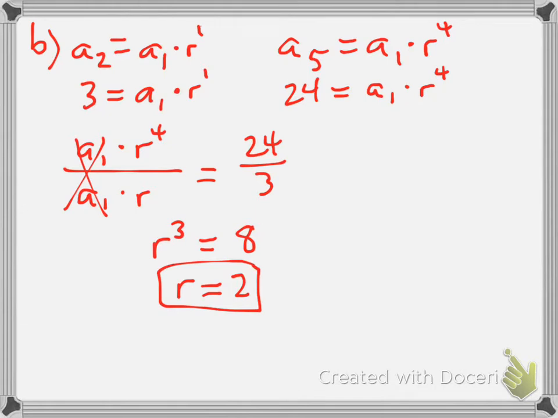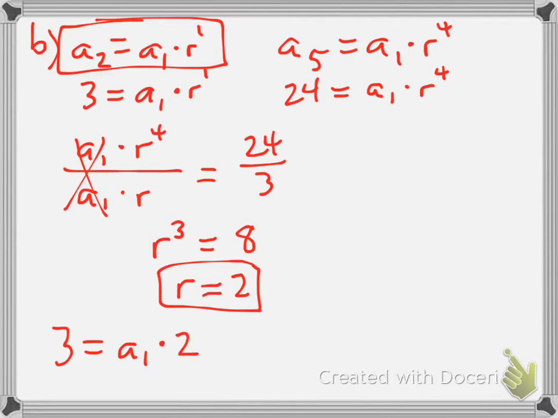So what does that mean? The first term, a sub 1, so we come right back to here. a sub 2, the second term, was 3. That was given. It equals a sub 1 times the common ratio, which is 2 to the first power. So divide both sides by 2. The first term is 1.5.